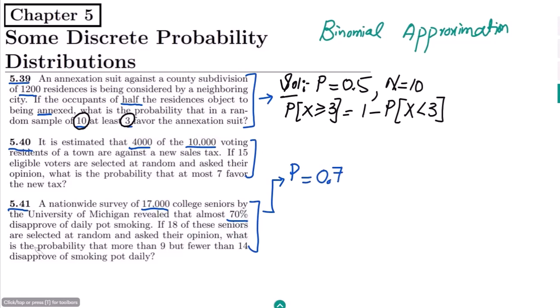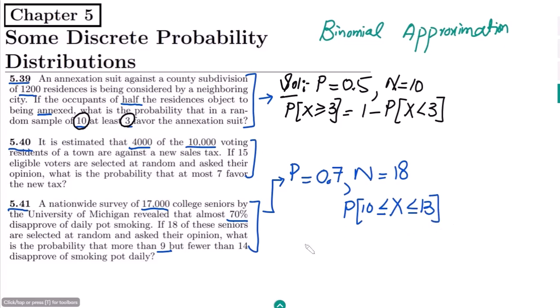If 18 of these seniors are selected at random, the total number of items is 18, and we ask their opinion. What is the probability that more than 9, so x greater than 9, which is greater or equal to 10, and fewer than 14 disapprove of smoking pot, meaning less than or equal to 13? We want to find it out.